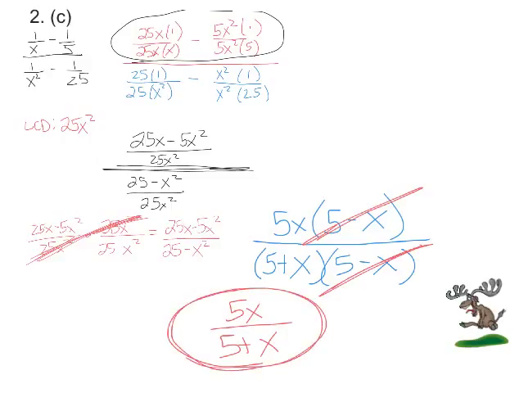Here we go. Final answer in simplified form. Now, the approach that I took is not the only approach that can be done in simplifying these. There are shortcutting methods that some people tend to use, but what I've shown here will work for the majority of problems that look like this.